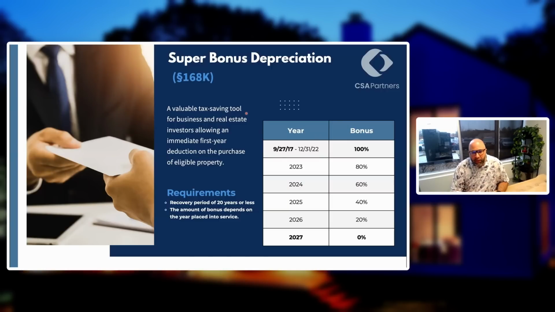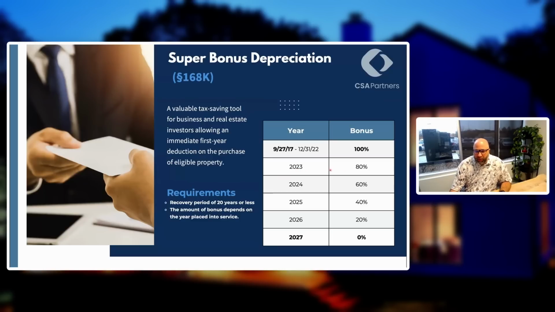One is bonus depreciation went from 50% at the time to 100%. So as you can see here, any asset placed into service between 9/27 of 17 and 12/31 of 2022 was eligible for 100% bonus. That's the other big piece. It went into 100%. Number two, or excuse me, it slowly phases out after that.